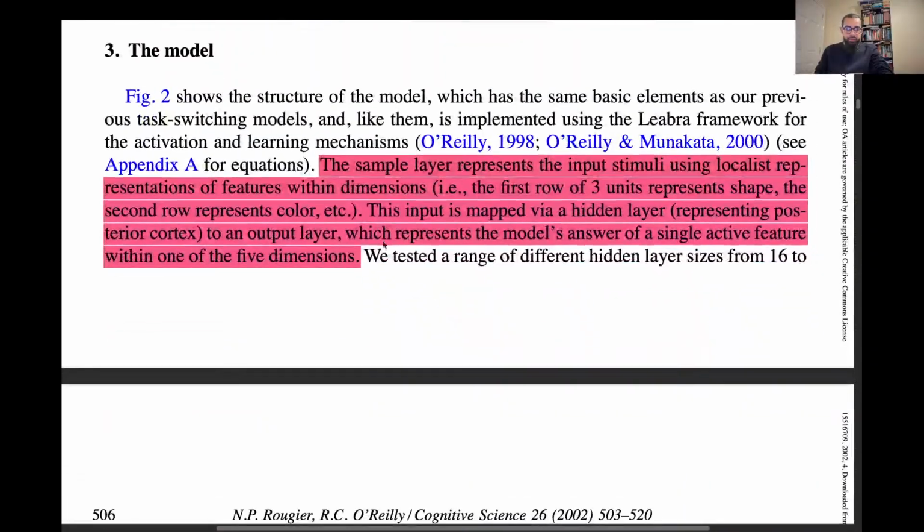So the model, the sample layer represents the input stimuli using localist representations of features within dimensions, i.e., the first row of 3 units represents shape, second is color, and so forth.